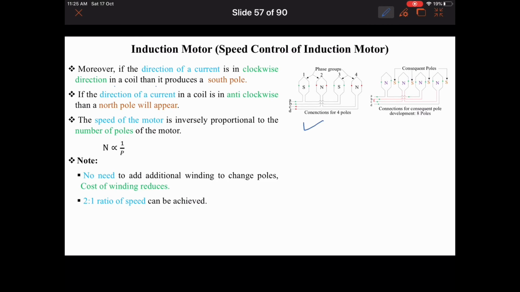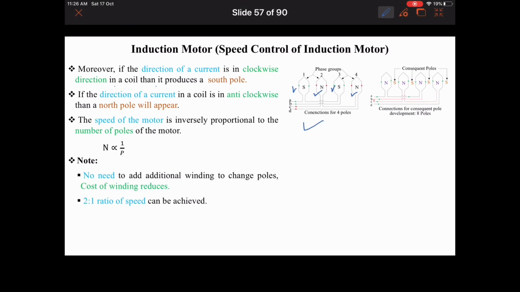The direction of current is clockwise in coil 1 and coil 3. Therefore, the south pole will appear, while in coil 2 and coil 4 the direction of current is anti-clockwise. Therefore, north pole will appear. It means we have only 4 poles.